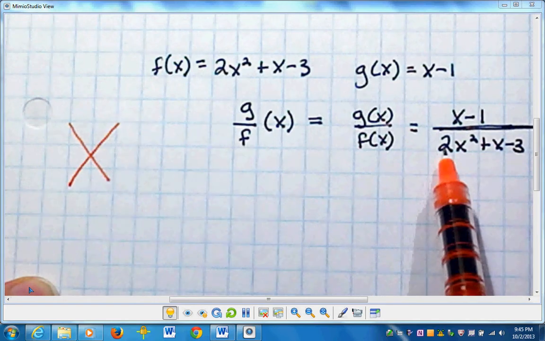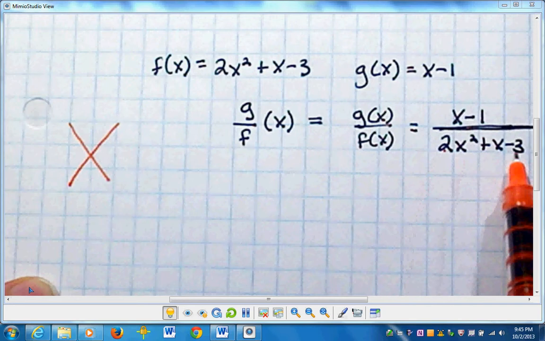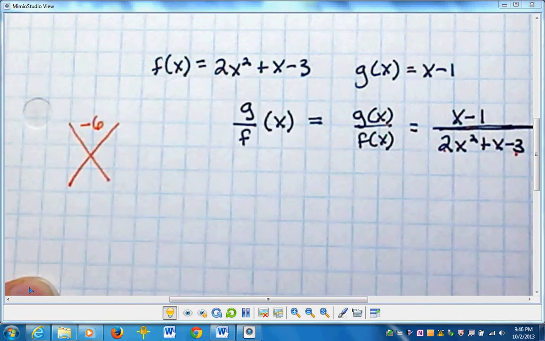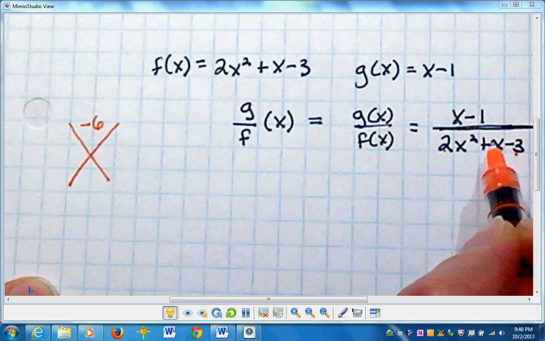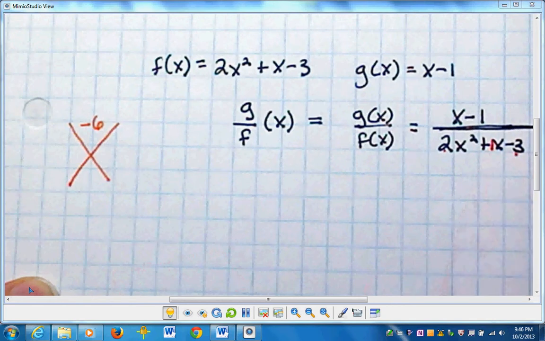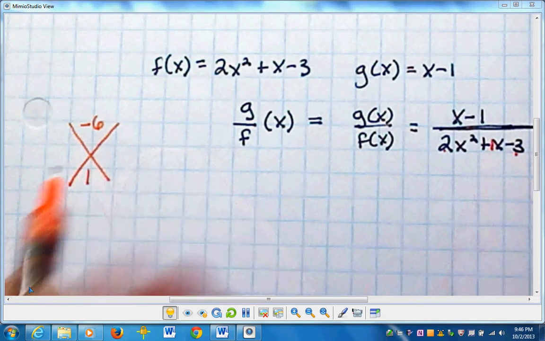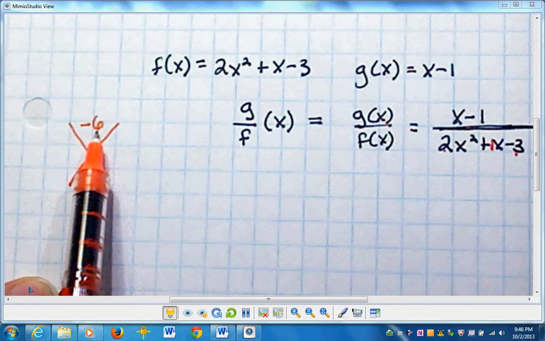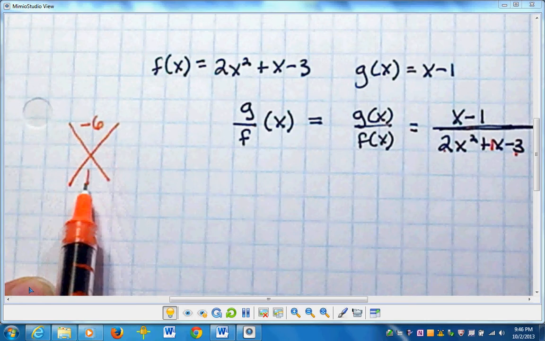So I'm going to take 2 times negative 3, and I get negative 6. I put that right there. My center term, there's a 1 right here. That's 1x, so that's here. So what I'm looking for are the factors of negative 6 that add up to 1.